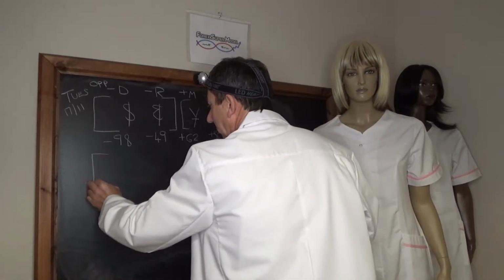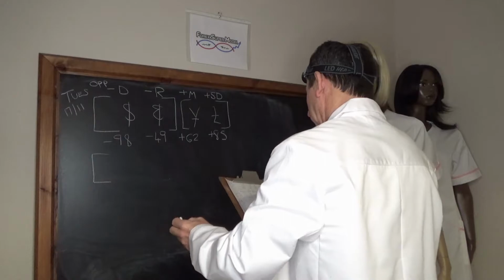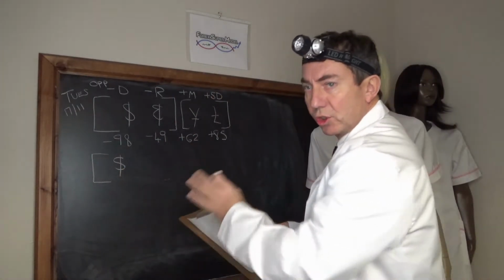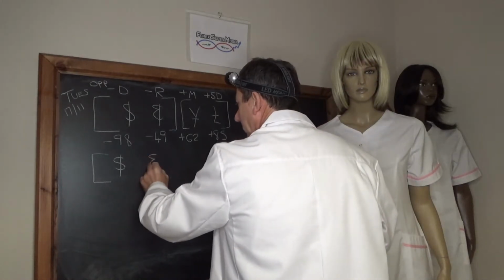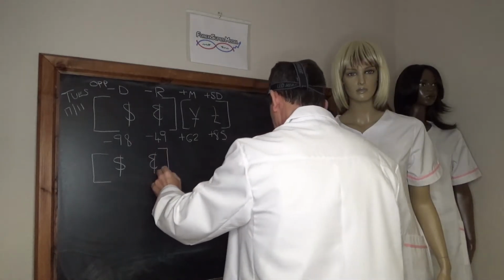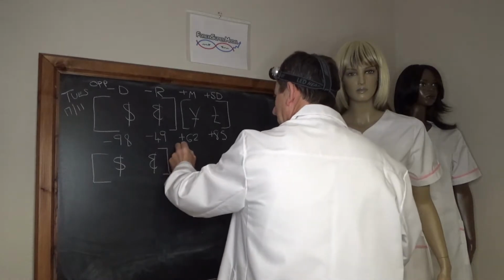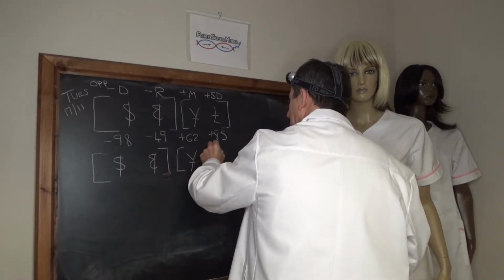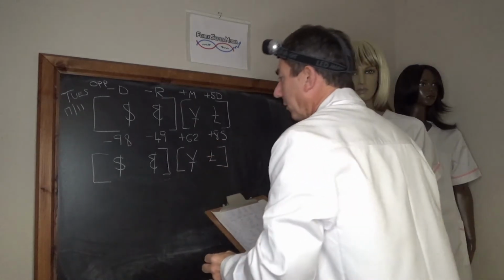So we've got dollar again. Basically the batting order hasn't changed, so we can just stick that in straight away. So we've got yen, pound. Obviously the figures are different.